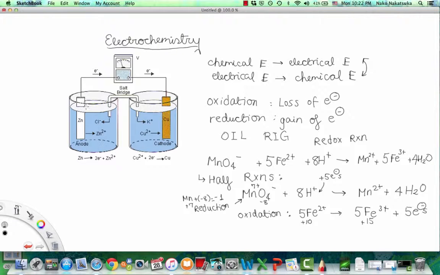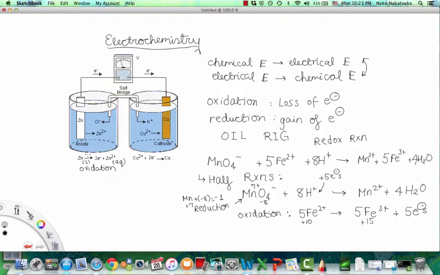At the anode, you can see that zinc, the metal, so this is solid, is becoming zinc 2+, which is aqueous. So it's getting released into the solution. So in this case, 2 electrons are lost, right? So this is oxidation. So oxidation always occurs at the anode.